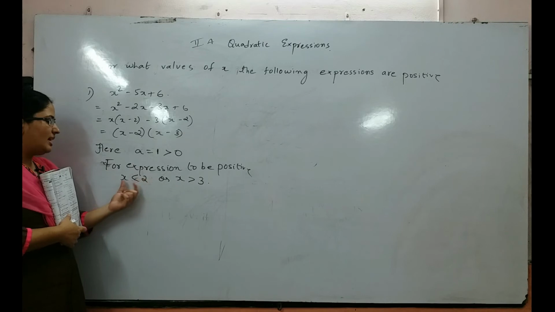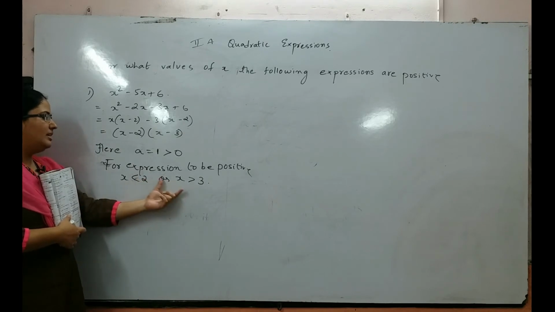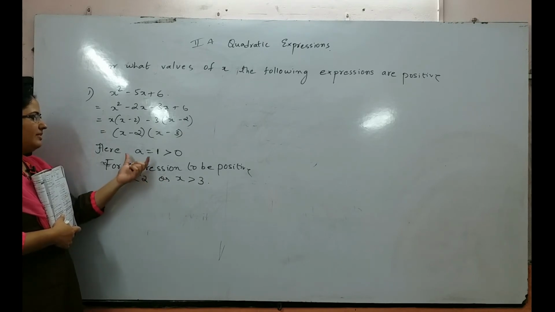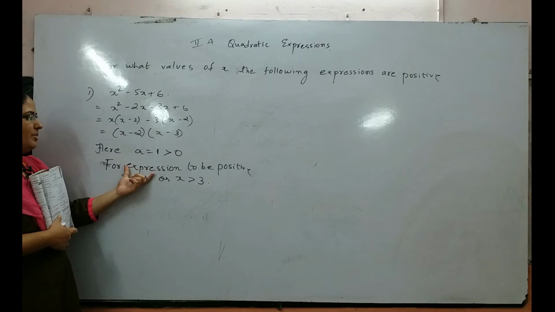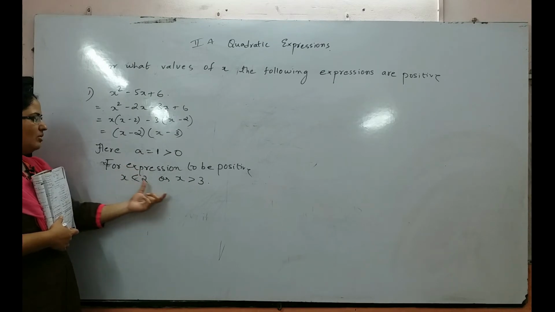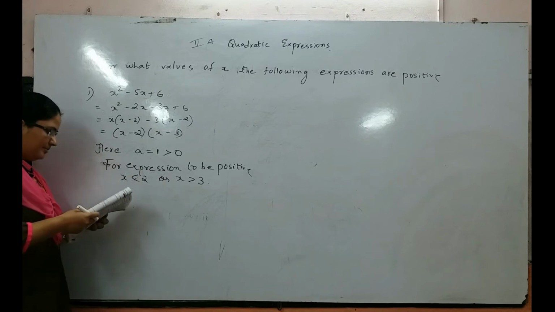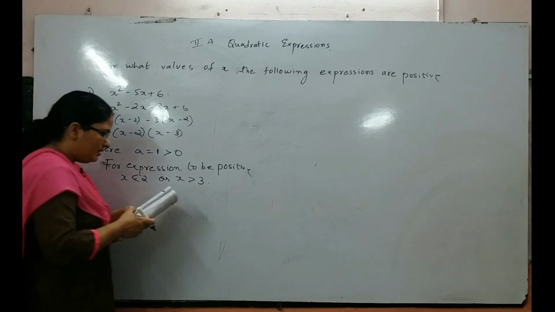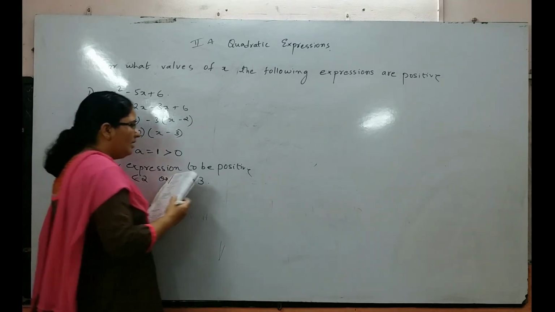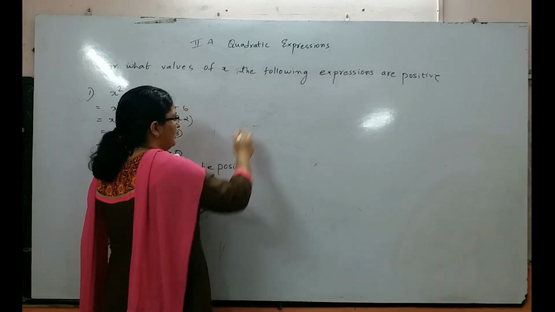If x does not lie between 2 and 3, then the expression will be positive. And here a is equal to 1, greater than 0. For the expression to be positive, x has to be less than 2 or x has to be greater than 3. Next problem.